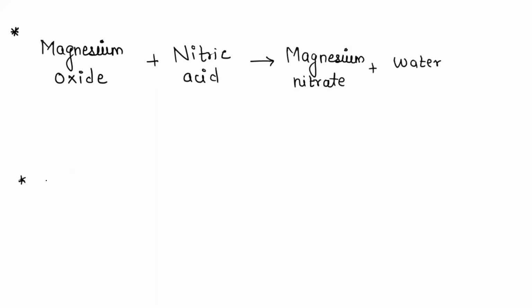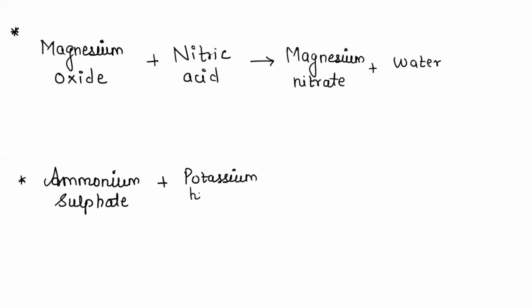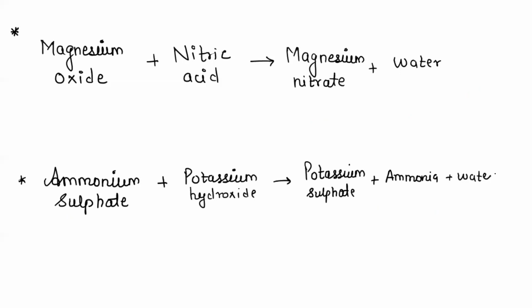And one more, ammonium sulfate plus potassium hydroxide gives potassium sulfate plus ammonia plus water. So I want you guys to write the balanced chemical equations. I'm giving you 2 minutes.